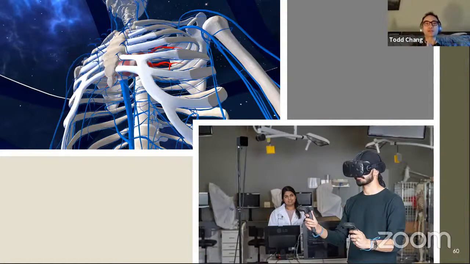Virtual reality is really good at being able to zoom and literally look up, look down, and walk around, which is much simpler for learning three-dimensional complex anatomy than holding a model or looking at a book. And on the bottom right, I don't know where this is from, but this is an HTC Vive, an old version, where this gentleman is basically walking around in a human body.